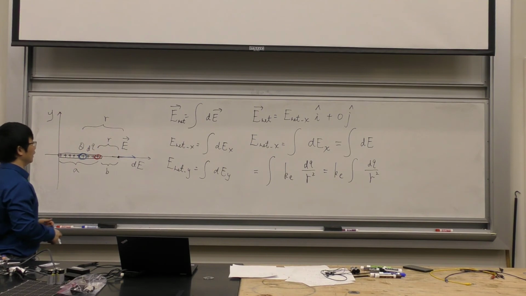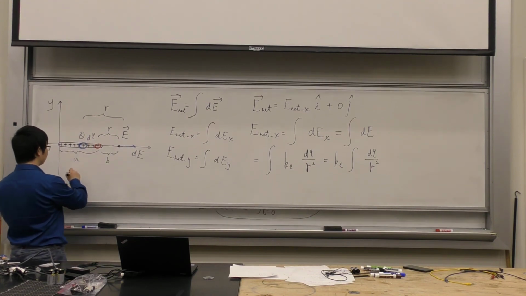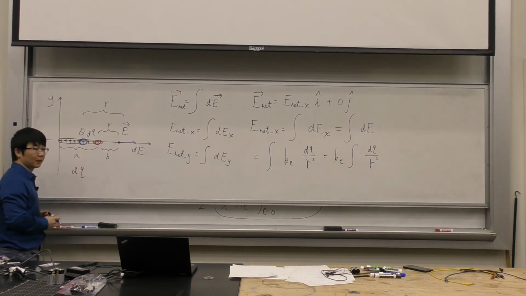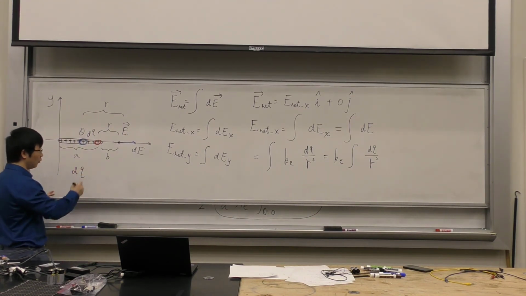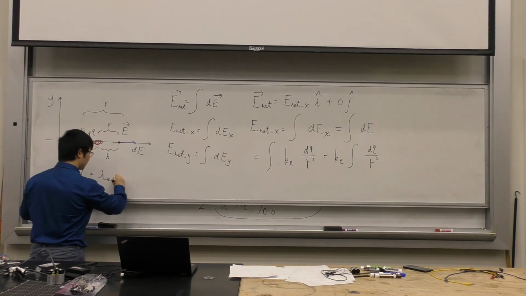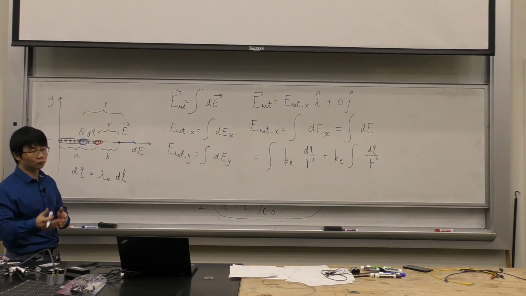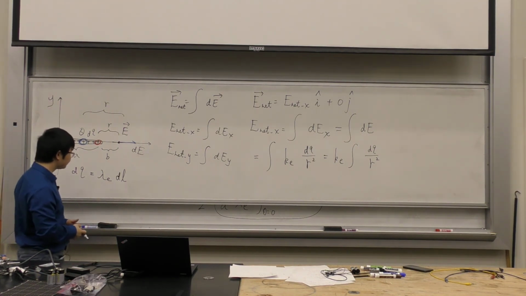So the trick, again, this dq, we have worked with that many times. I know that if it's a one-dimensional charge distribution, you can always write this as the linear charge density times dl, which is the length of this very, very small piece you pick. The length can be 0.00001 meter, doesn't matter, okay?